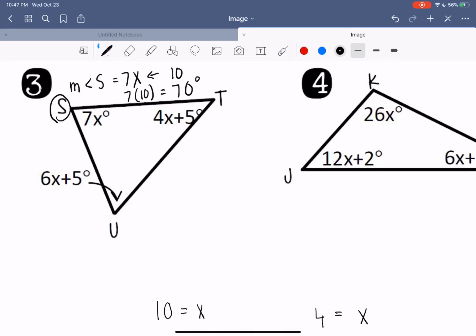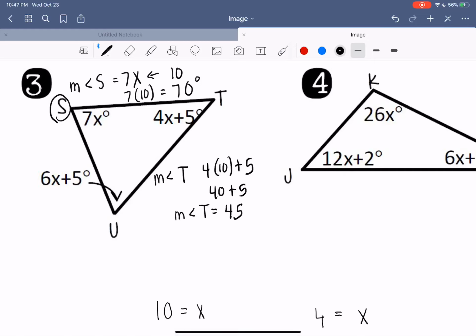So now we want to do that with the measure of angle T, which is 4, and then remember we have 10 plus 5. So the measure of angle T is 40 plus 5, so the measure of angle T equals 45.